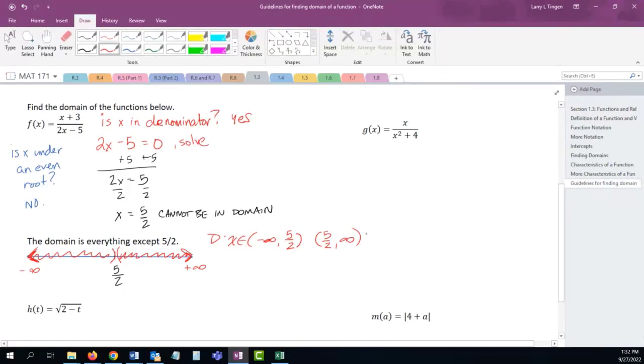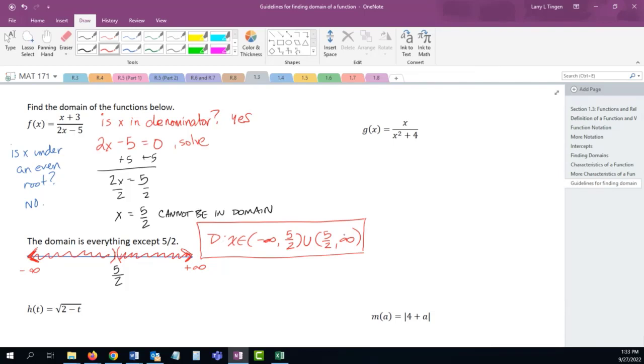It's the right endpoint on the first interval, it's the left endpoint on the second interval. Notice both of them have parentheses because all of this work is to get rid of 5/2, just 5/2. When I have multiple intervals, I have to put them together with a union.